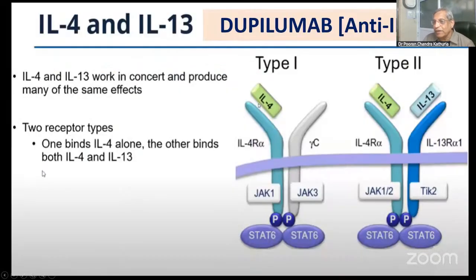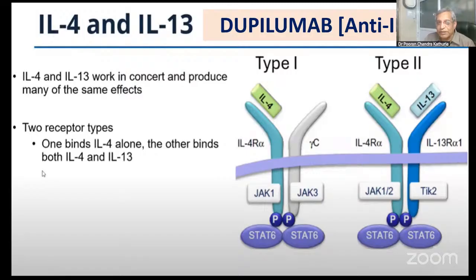One receptor sends the signaling effect to JAK1. Another sends the signaling effect to JAK1 and 2. It is the IL-4R alpha receptor which has a twin with the IL-13 receptor. So if you hit these receptors, you are also hitting IL-13. That's why the name has been given to dupilumab: with one arrow you are killing two birds.